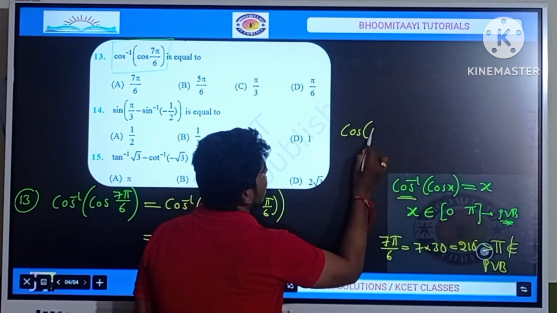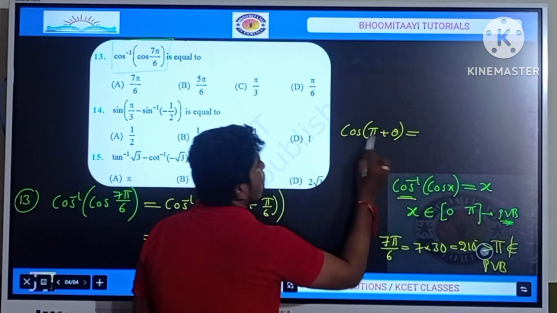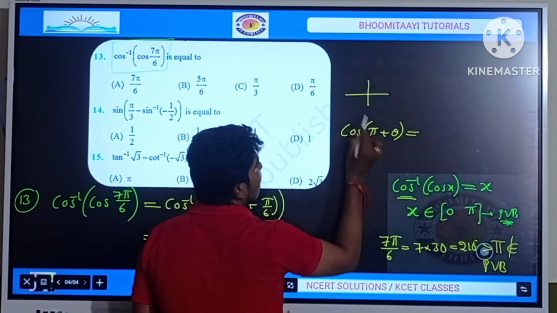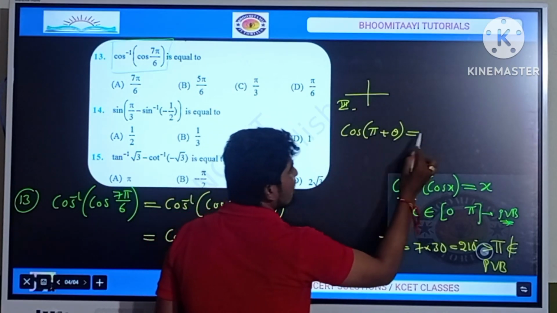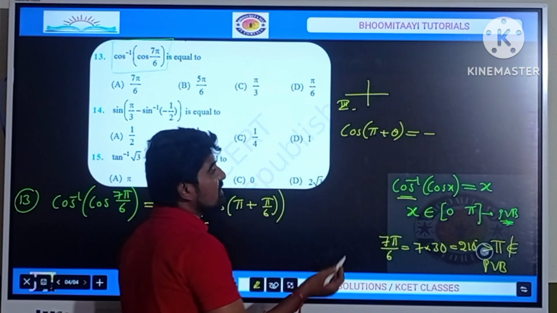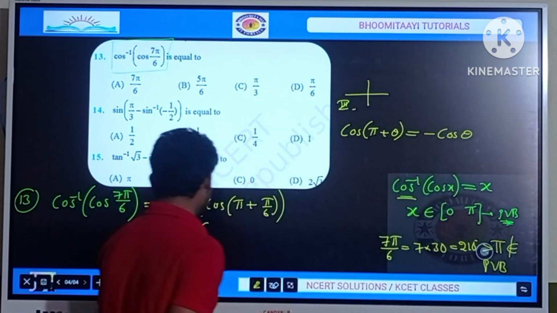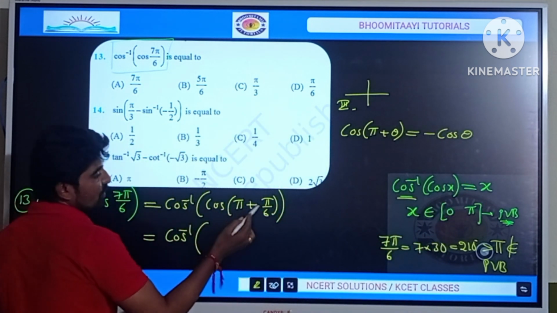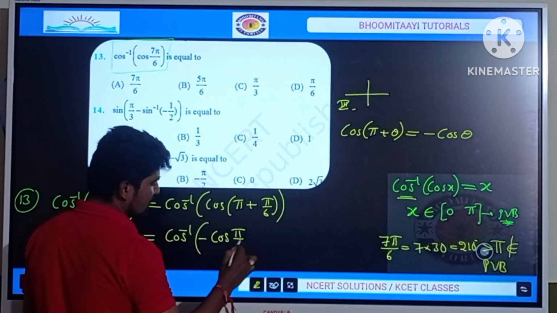We know that 180 plus theta lies in the third quadrant, and in the third quadrant cos is negative, so minus. At 180 cos does not change, so cos of pi plus theta is equal to minus cos theta. Hence cos of pi plus pi by 6 is equal to minus cos pi by 6.